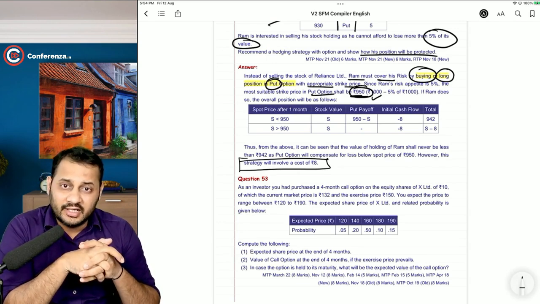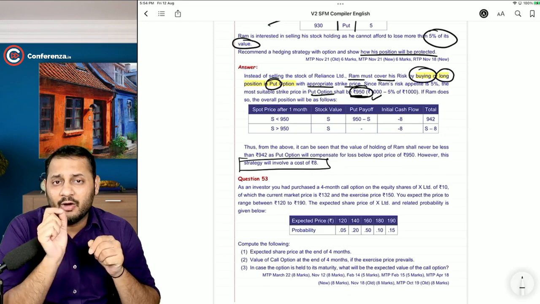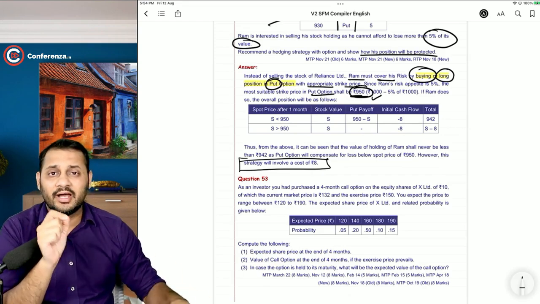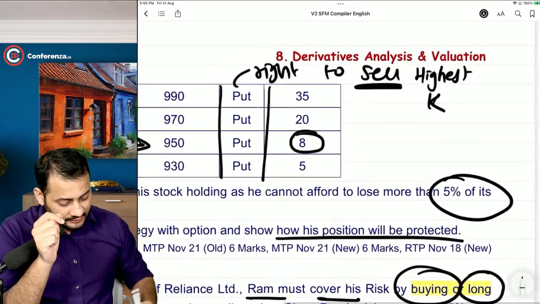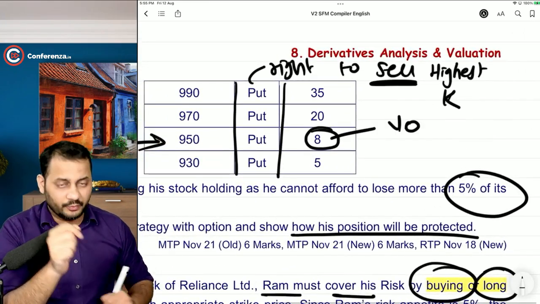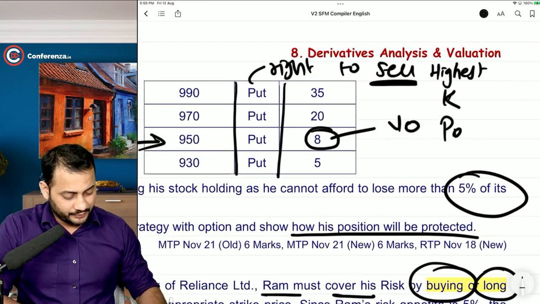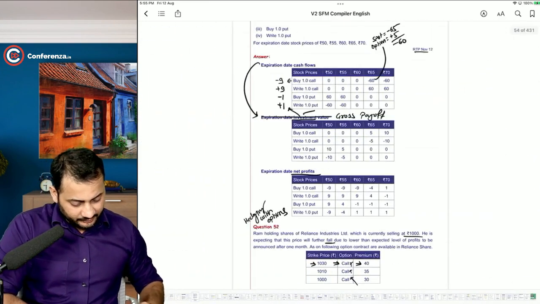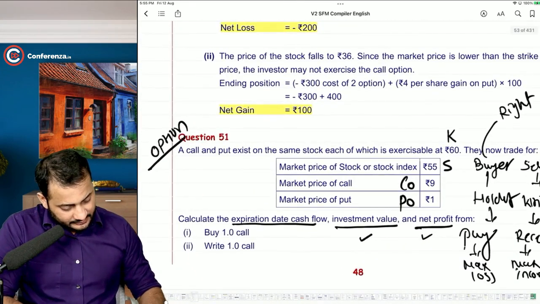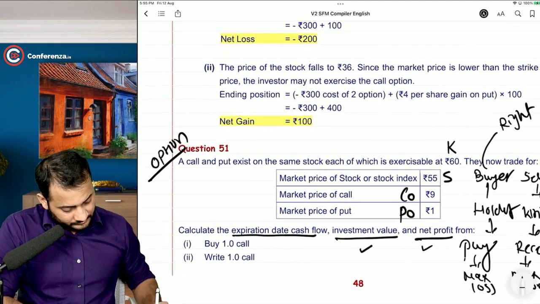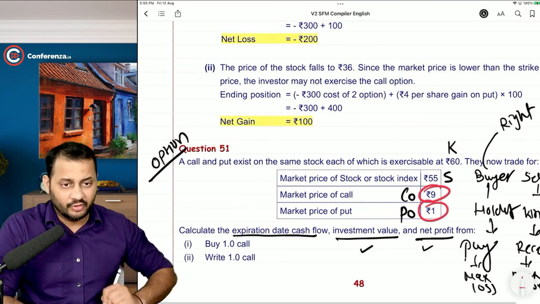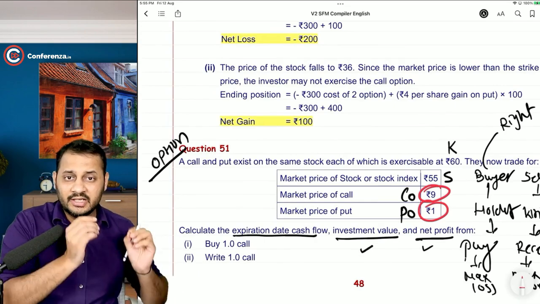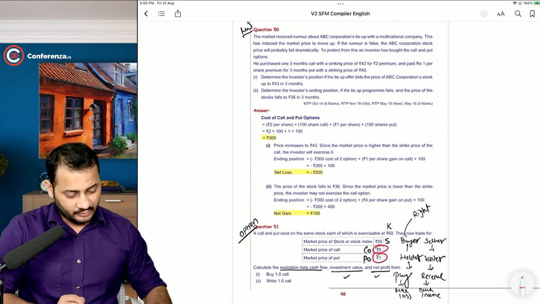Now is the time to find out how to calculate the theoretical value of the option. Let me first go through the previous questions. This 8 rupees is the value of the option, which in this case was a put option. In the previous question, the 9 rupees and 1 rupee, which is the premium of the option, is the value of the option.